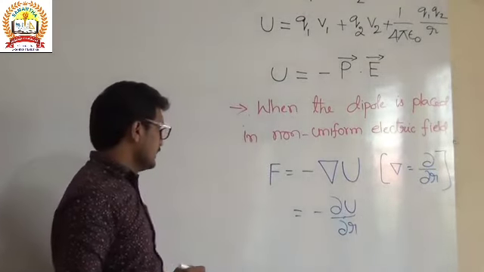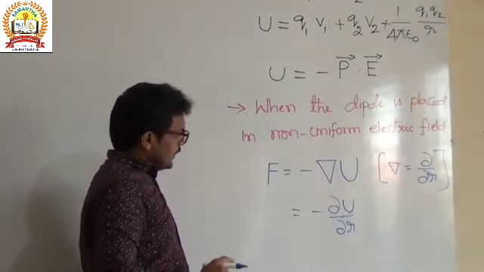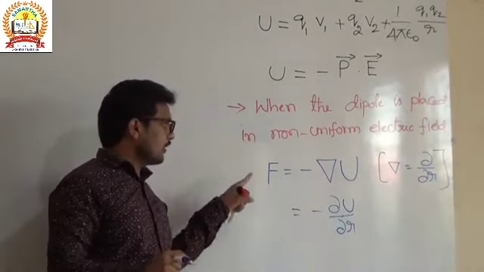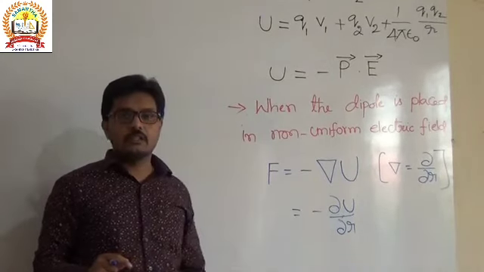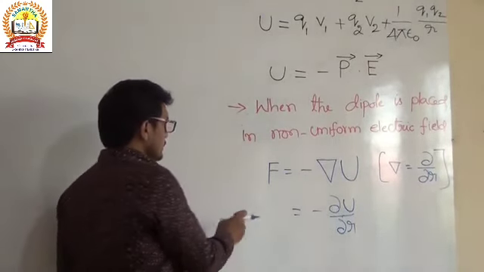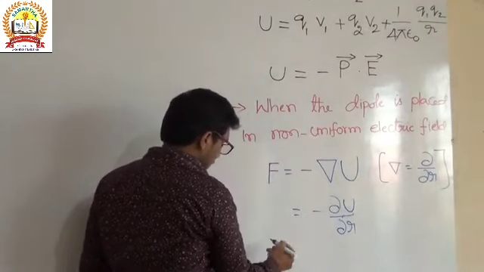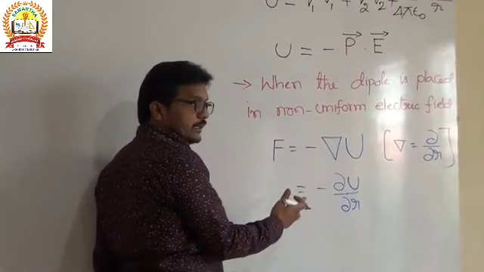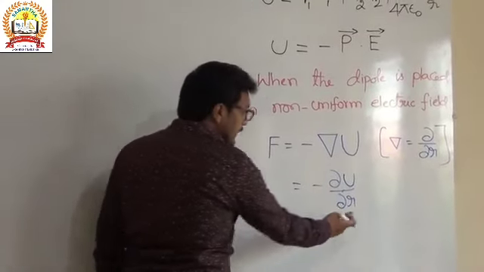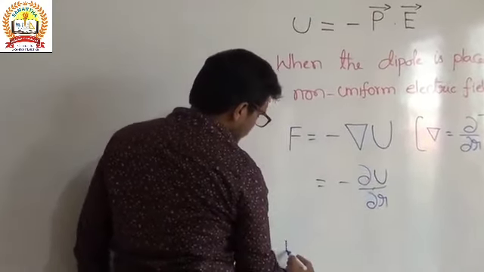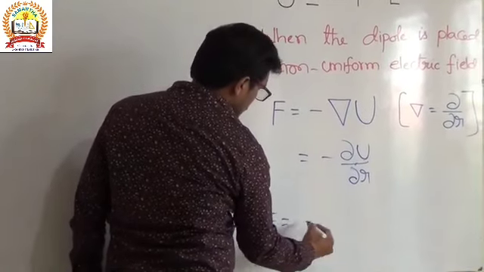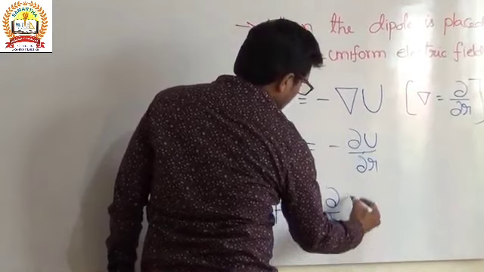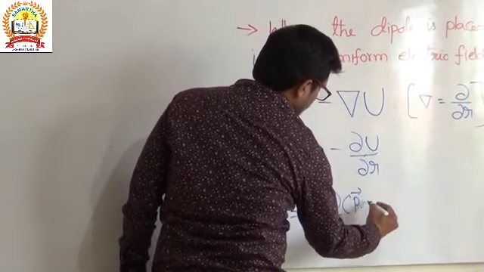When it is placed in the non-uniform electric field, if the force is along the direction of r, and the dipole moment is along the direction of r, then the force F is equal to minus dou by dou r of P bar dot E bar.